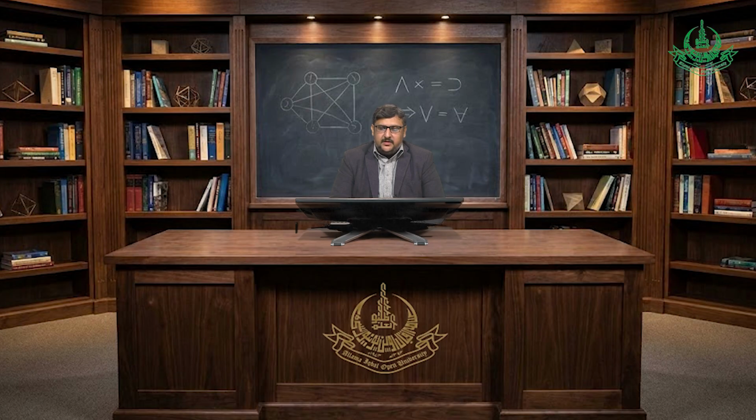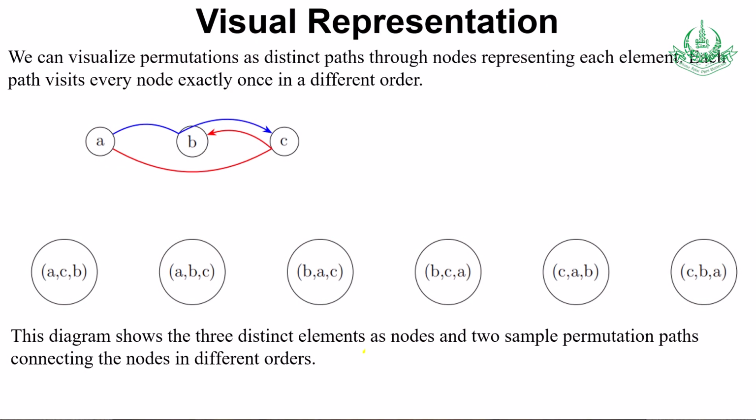Similarly for B and C, where you start from one and travel to each and every value. The important thing here is the order. In the first 2 circles we are starting from A, in the second 2 circles we are starting from B, and in the last 2 circles we are starting from C. This diagram shows 3 distinct elements as nodes and 2 sample permutation paths connecting the nodes in different order.